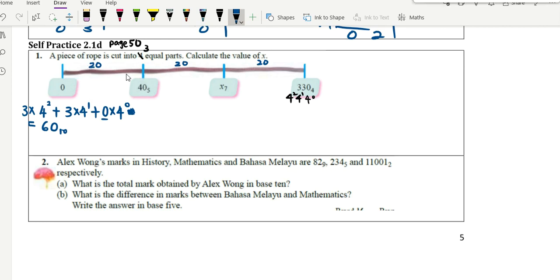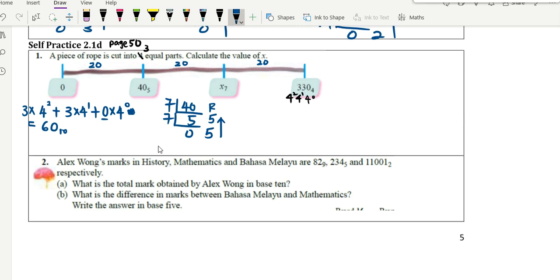How about this then? X base 7 is actually 40 base 10. So we can do conversion here. 40, right? You want to convert to base 7. I'm going to divide by 7. 7 times 5 is 35. Remainder is 5. Continue, 7 into 5 is 0. Remainder is 5. Stop here.